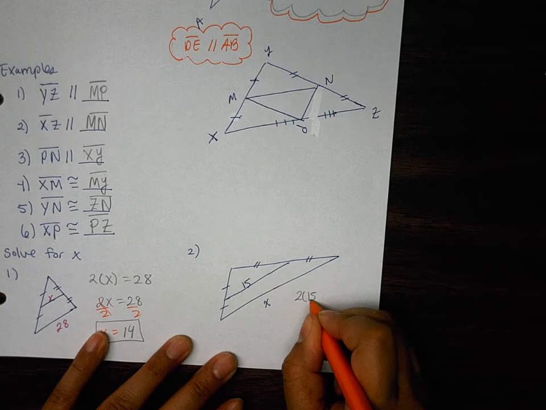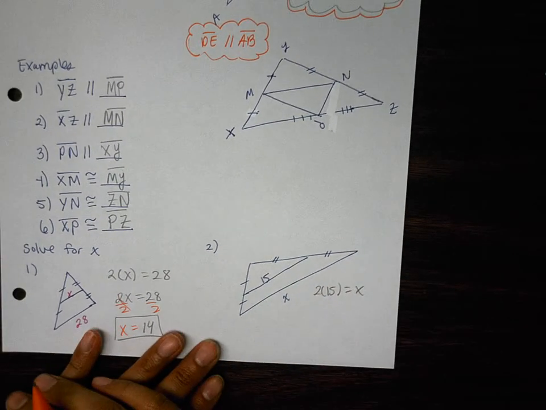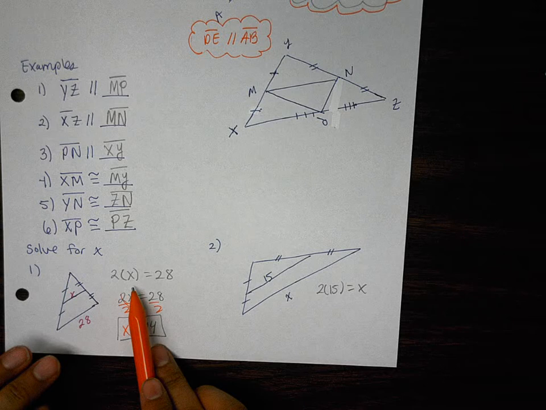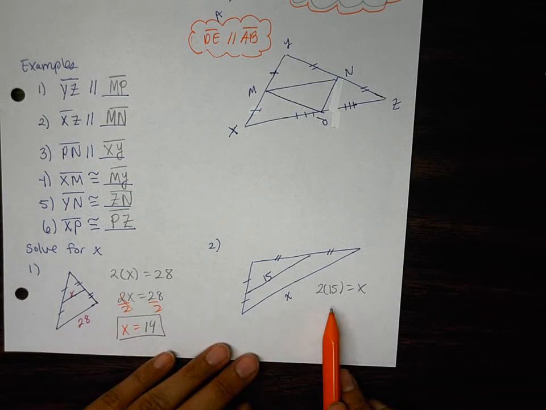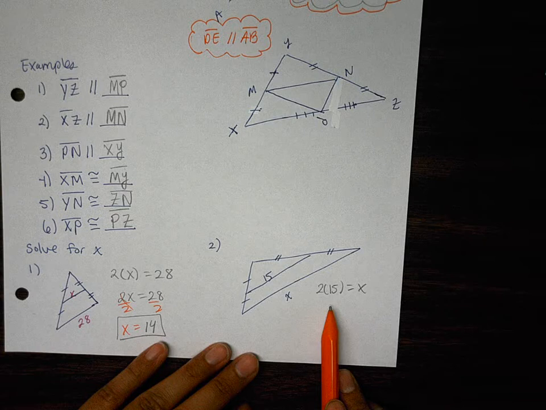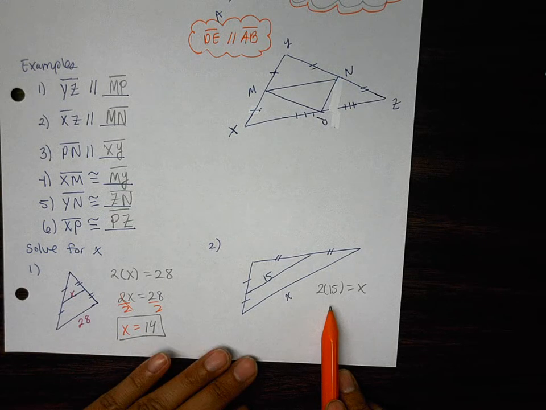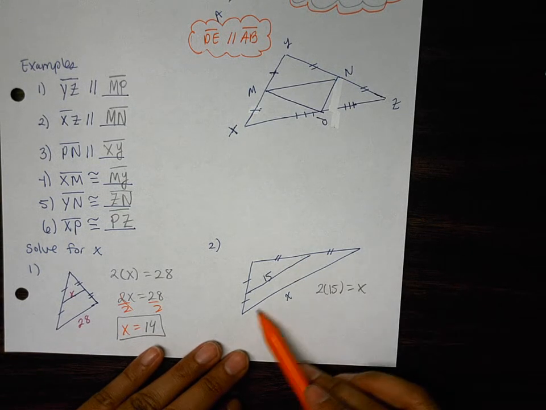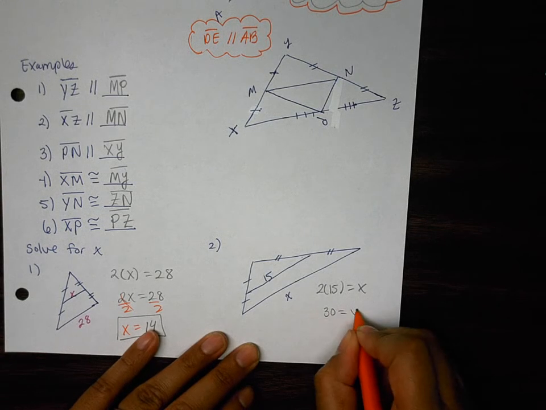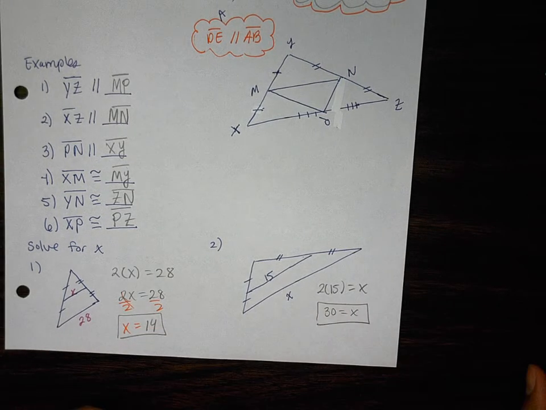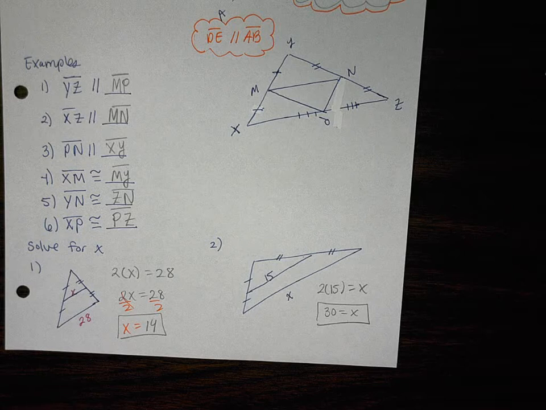Good job. So he said 2 times the 15 equals the x. Are we always going to double the variable like we did on number 1? No. Are we always going to double the constant like we did on number 2? No. Are we always going to double the midsegment to equal the base? Yes. So 30 equals x. That is your answer. Questions on this page before we move on to the others?